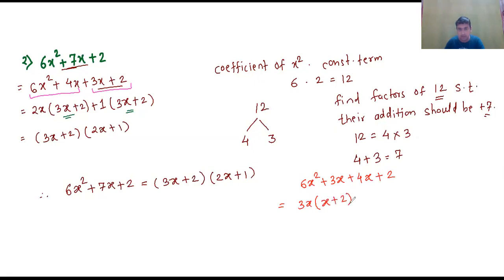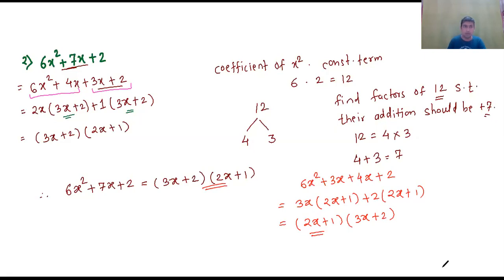It will be 3x in bracket 2x plus 1, plus I can take 2 common, it will be 2x plus 1. So 2x plus 1 into 3x plus 2. The same answer you are getting here, right? So whichever term you write first, it will not make any difference. Okay, so I hope this problem is clear to you. Let us see another example.